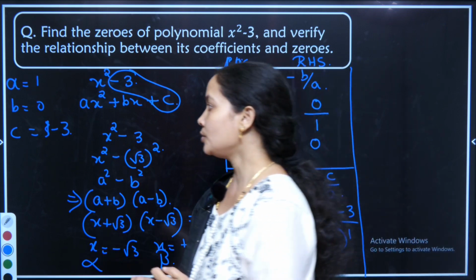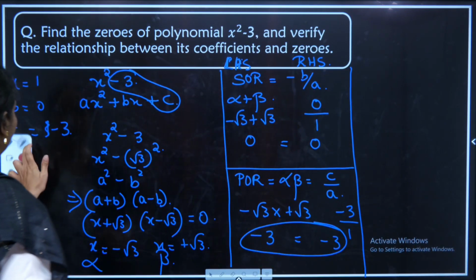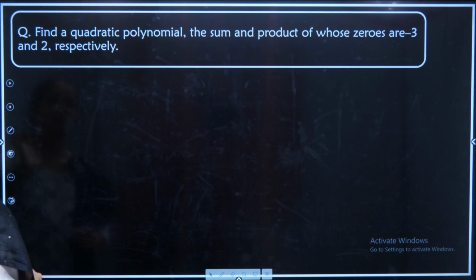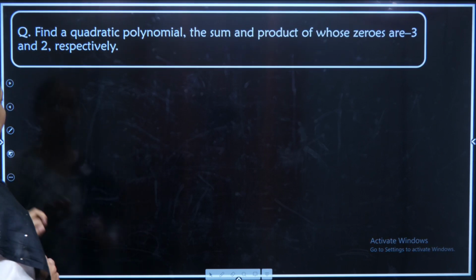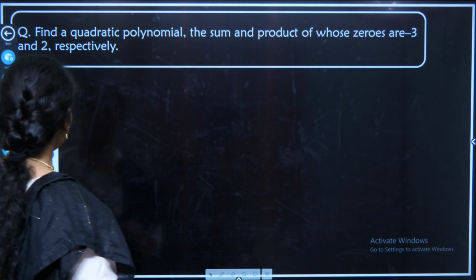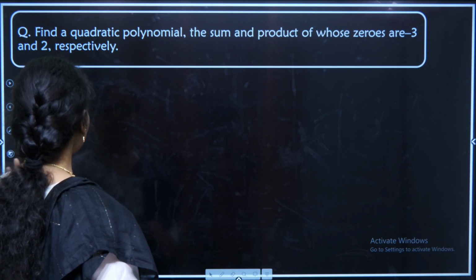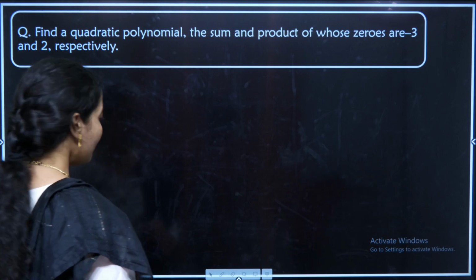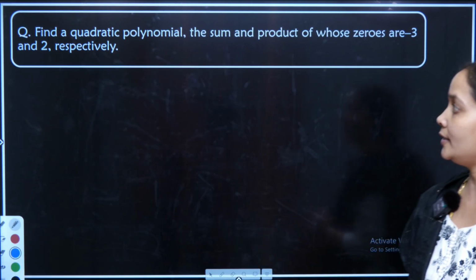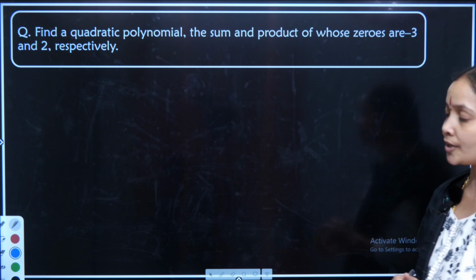Let us quickly go to the next question, which covers a further part of the chapter. I hope my kids are fine with alpha, beta, sum of roots and verification, and moving on to the next topic, which is again important.